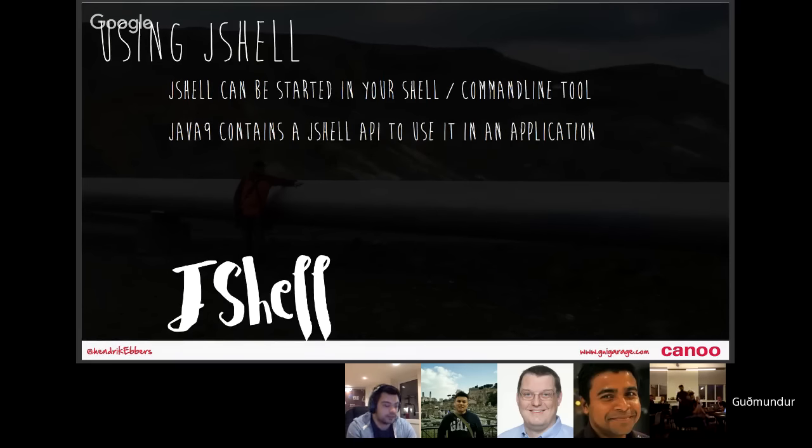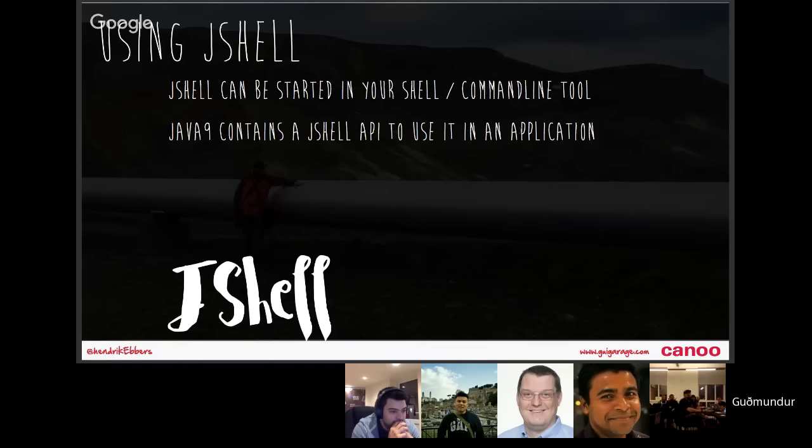There are two different ways Java 9 provides jshell. There is a jshell executable that is part of Java 9, which you can execute from your shell or command line, and it will start jshell. In addition, Java 9 contains a jshell API, and based on this you can create an internal shell, or jshell, in a Java 9 application.